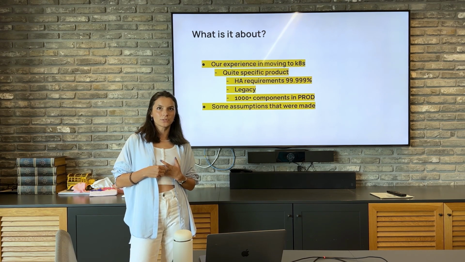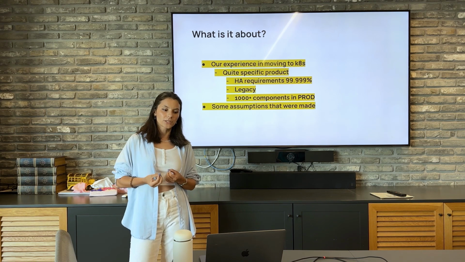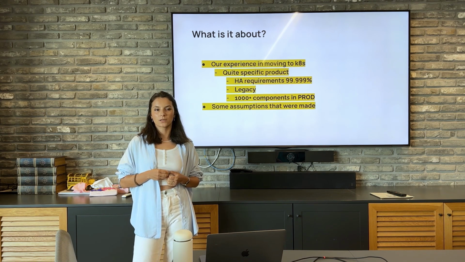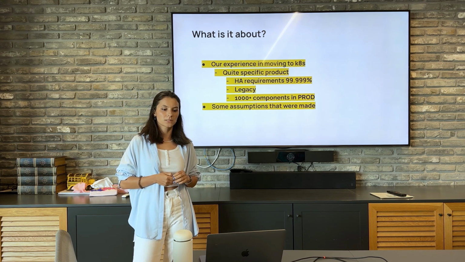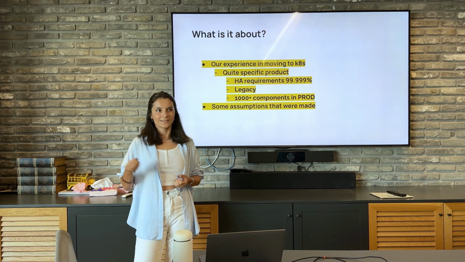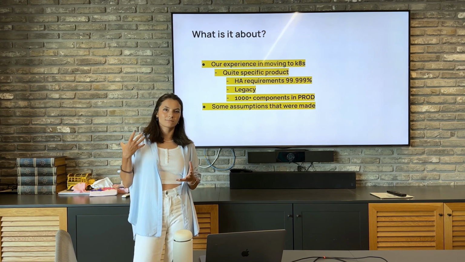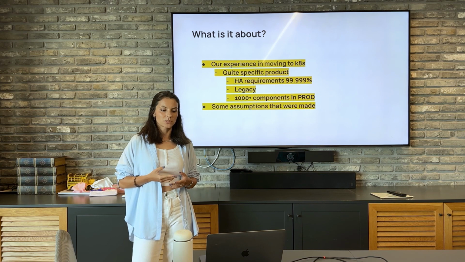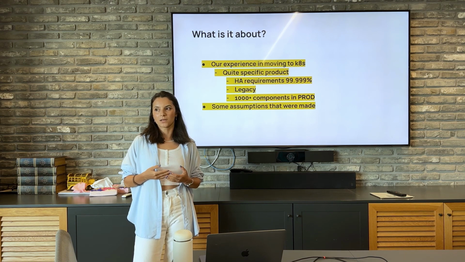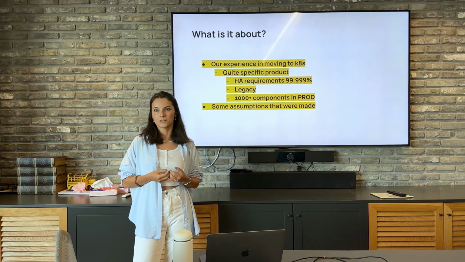And the main point is that we have quite strict requirements of high availability of our system. It's 5 nines, it's 99.999%. If you're aware of this, it actually means that we can be out of service only about 5 minutes in a year.